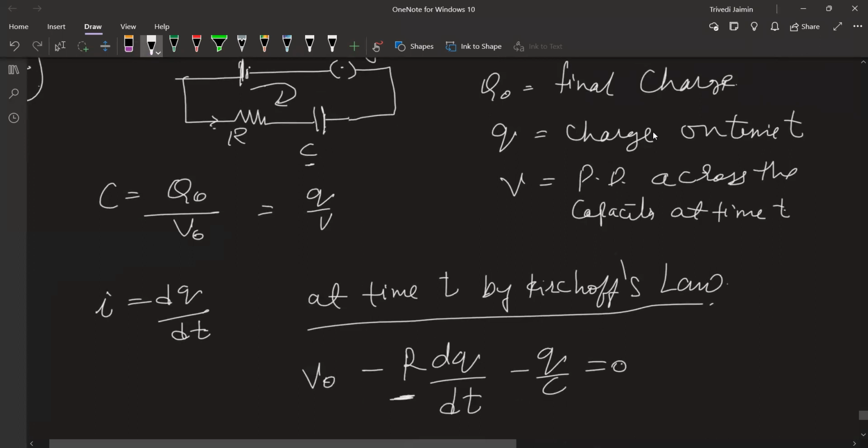We need voltage, so V equals Q by C. This is the current direction, our clockwise direction. Even we can take anti-clockwise, it doesn't matter. It will be opposite of this one, but you will get the same thing.